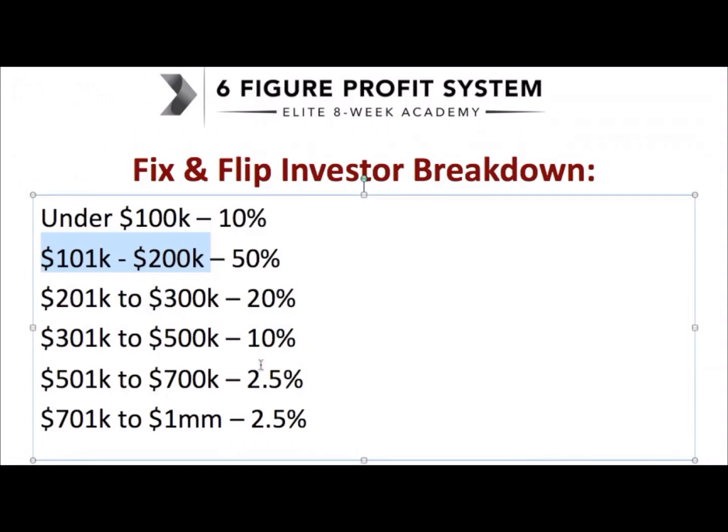And as you go up, look down here at the trends, as you go up in price, you have less competition. The 200 to 300, only 20% are there. The 3 to 5, only 10% are fix and flipping between 300 and 500. And then hardly any fix and flippers do the 5 to 7 and the 7 to 1. Now again, I'm generalizing most markets.